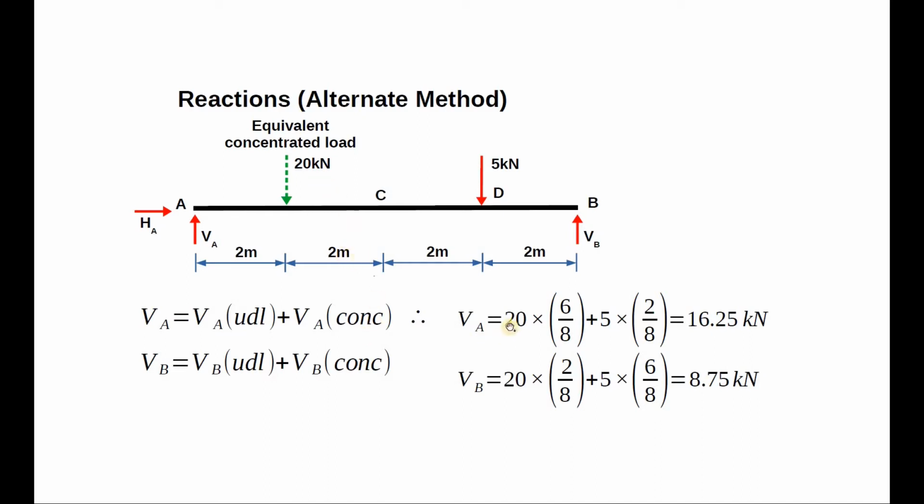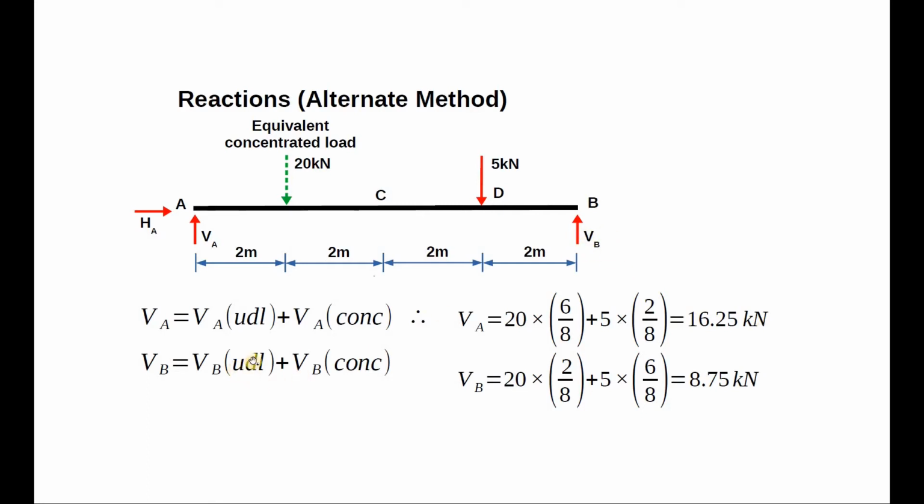So we can write 20 into 6 over 8. 6 is 2 plus 2 plus 2, that is our B, and A is 2 meters. So P into B over L becomes 20 into 6 over 8. And that for the concentrated load is 5 into 2 over 8, that is 16.25 kilonewtons.